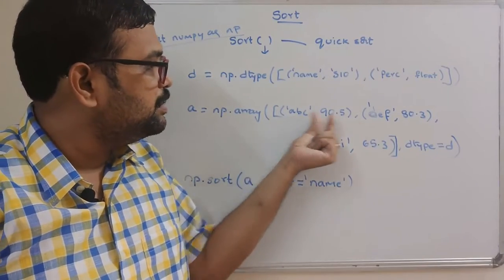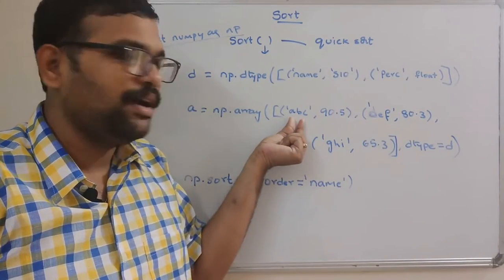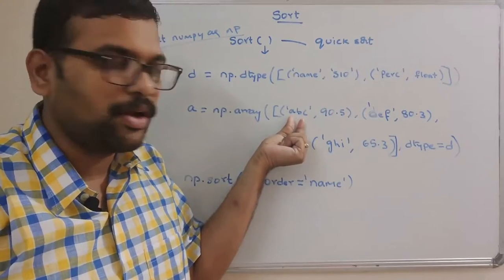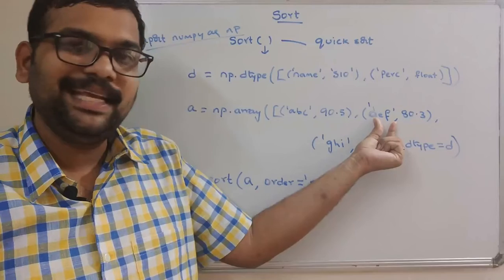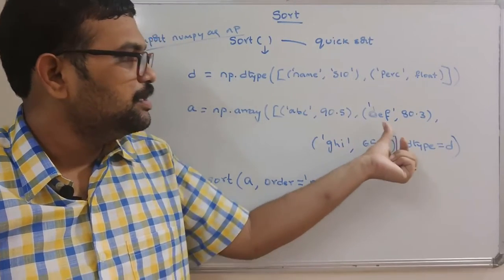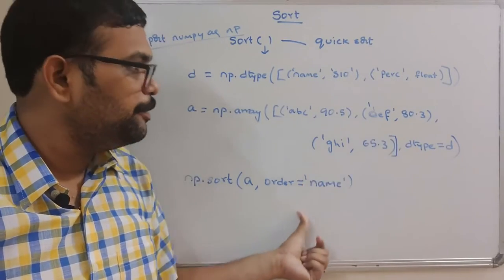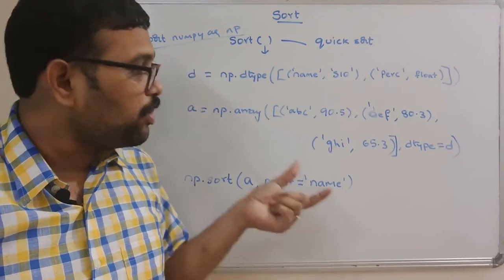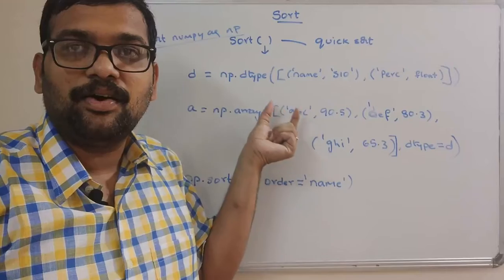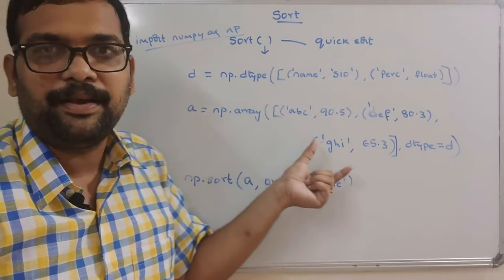So A, B, C, D, E, F, G, H, I. If you consider alphabetical order, A will come first, so this element will be printed first, then D, E, F will be printed second, and G, H, I will be printed at the end. So according to alphabetical order, the sorting will be applied.